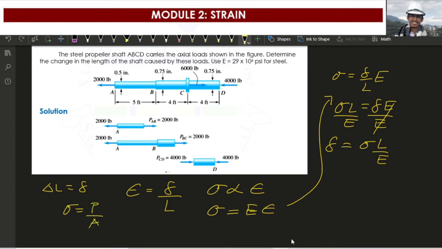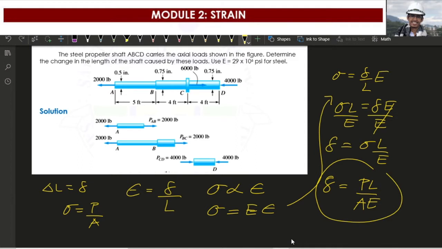Therefore, we substitute that into our elongation. The elongation will be PL over AE. So this is the formula we will use in determining the change in length of the shaft.